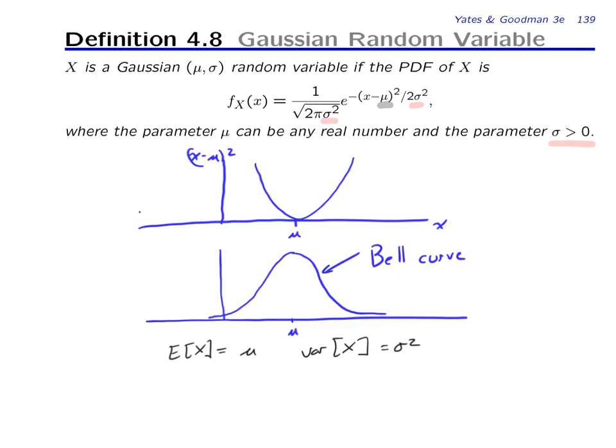Showing that the area under the curve here is equal to 1 is not so simple. You have to show that the following integral, 1 over root 2 pi sigma squared, e to the minus x minus mu squared over 2 sigma squared, from minus infinity to infinity, equals 1.